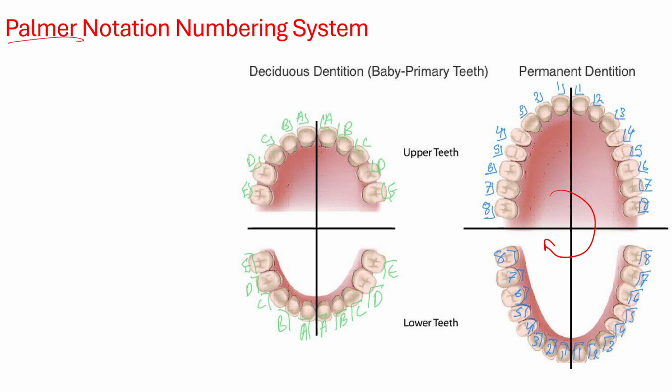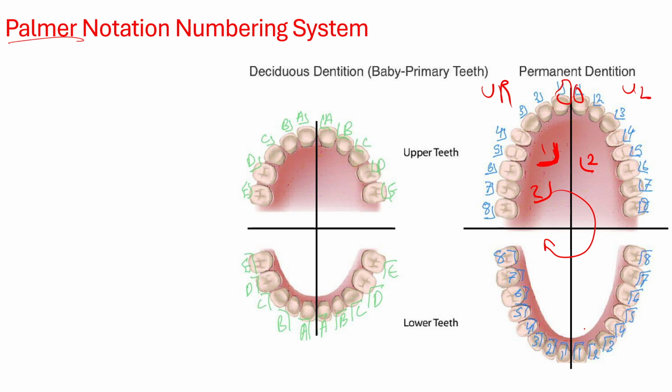The only thing that they can use to distinguish one quadrant from another is this special bracket system. So for the upper right quadrant, it uses this type of bracket, and the numbers here. So 1, 2, and so on. For the upper left, it uses this type of bracket, this side there.